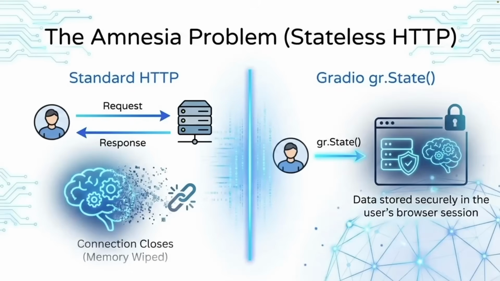But before that, let's try to understand the problem of stateless HTTP. By default, web applications are stateless. When a user sends a prompt, the server processes it, sends the answer back, and severs the connection. That is the general flow. You send the request, the server processes that request and sends the response, and the connection gets closed. Complete memory got wiped out. To fix this, we use the concept called state.